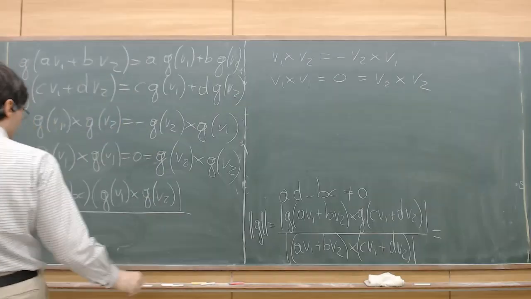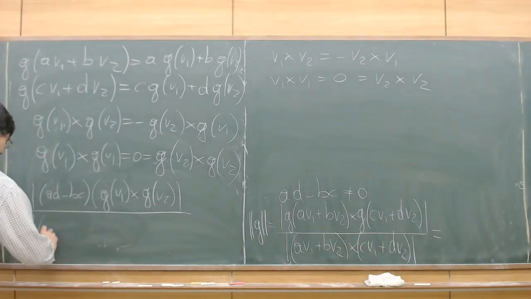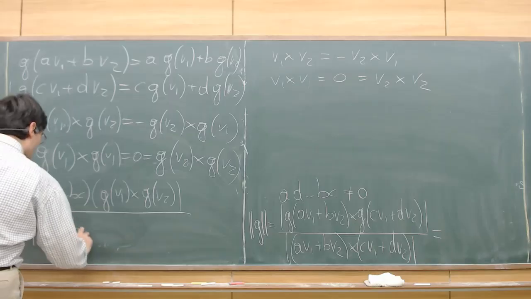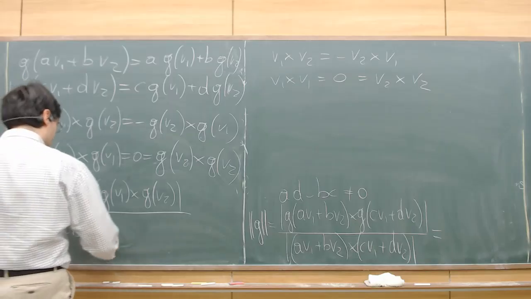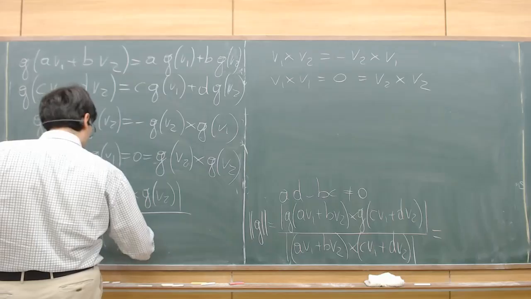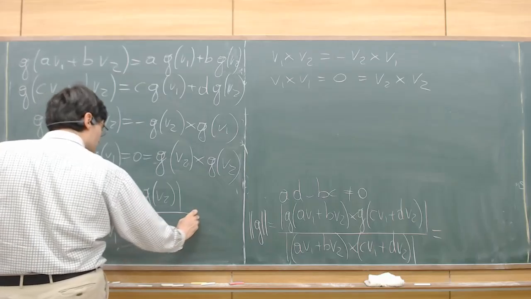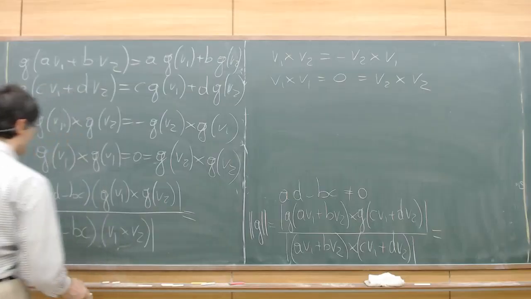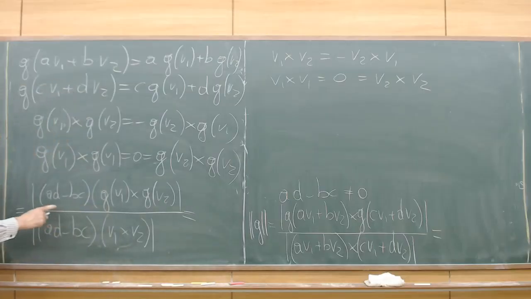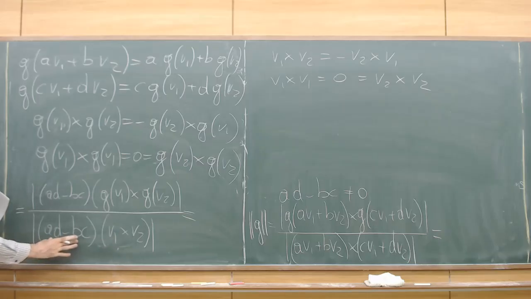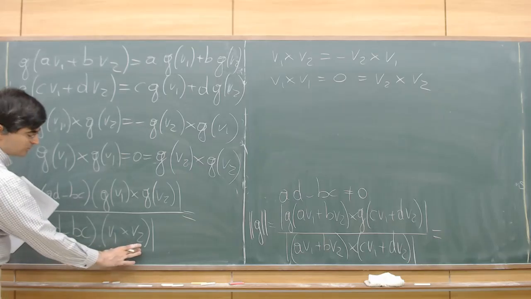And you will get that the denominator is AD minus BC multiplied by V1 cross product V2. Then you simplify, because this is the absolute value of AD minus BC times the length of this vector, and the denominator is the absolute value of this number times the length of this vector here.